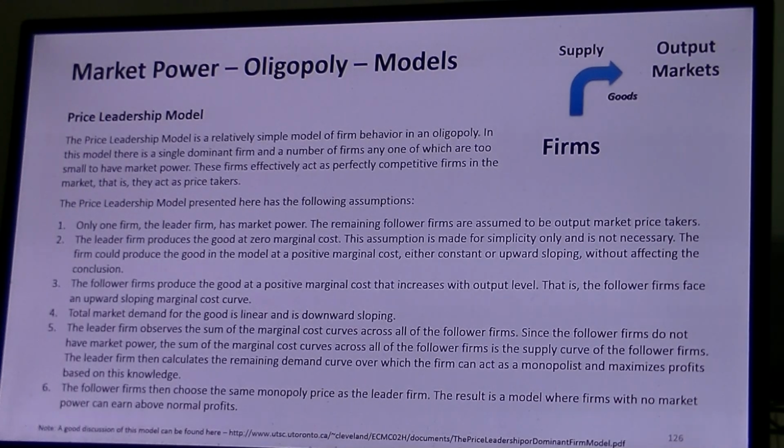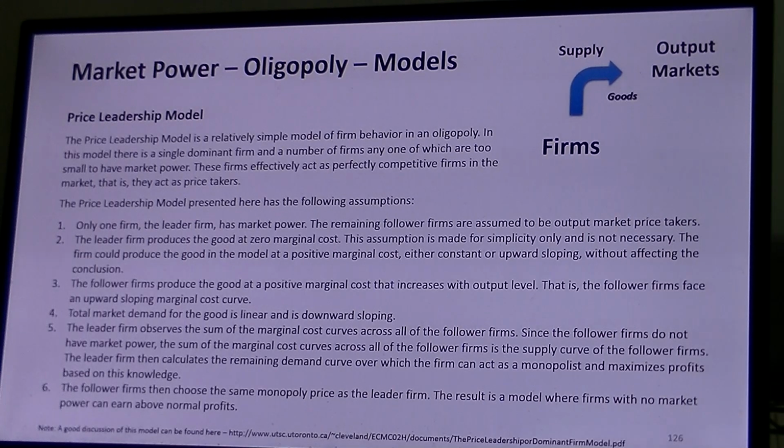So in that sense, the follower firms are price takers in the market. The price here is set by the leading firm. So this is an interesting model where you can have an output that can look like a real world outcome.